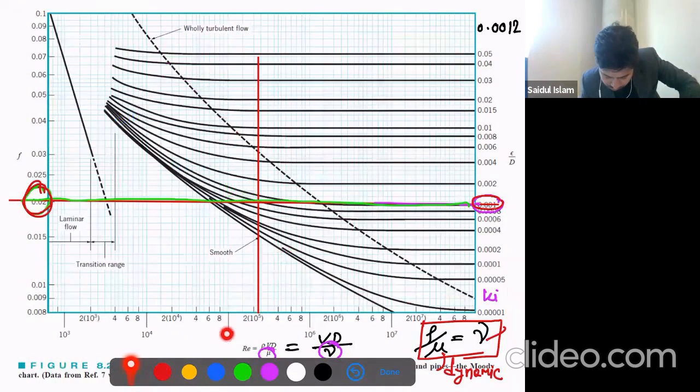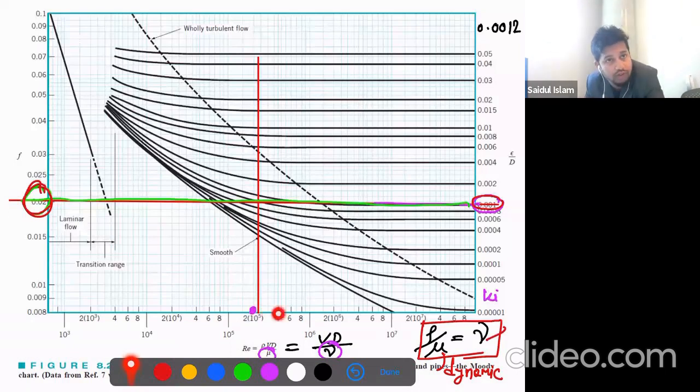We're talking about the x-axis, the Reynolds number. This is 10 to the power 5. This is 10 to the power 6. This dotted point is 2 times 10 to the power 5. This is 4 times 10 to the power 5. So from here to here it is just 2. But we have how many sections? 1, 2, 3, 4. 4 subsections.